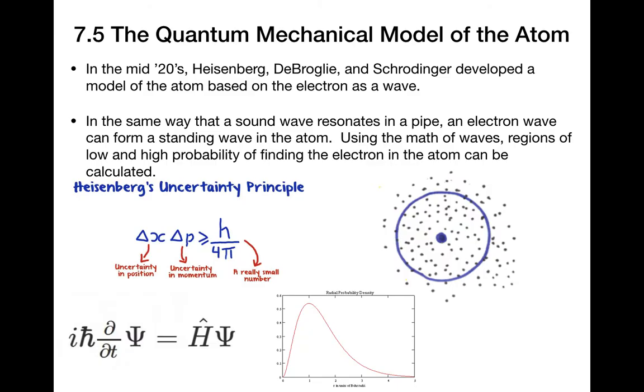The Bohr model stuck around for about a dozen years. In the mid-20s, Werner Heisenberg states his uncertainty principle, that it is impossible to measure the position and momentum of such small particles as electrons in atoms.